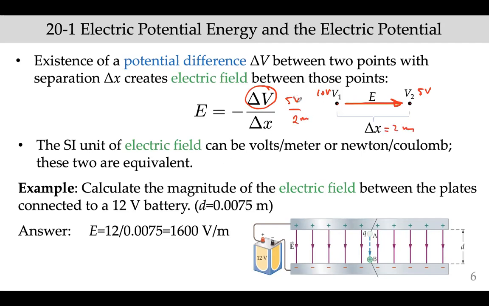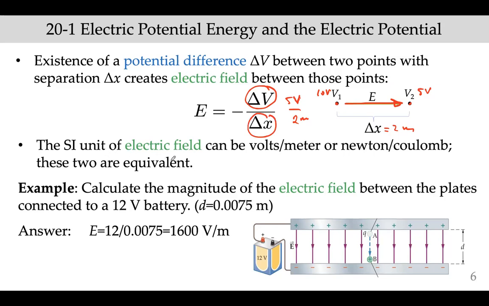So 5 volts divided by 2 meters would give us the electric field produced between these two potentials. Again, these are just 2 points, not charges. Of course, there are some charges at different positions that create these potentials, but we are not interested in charges, but in the change in potential with respect to space.